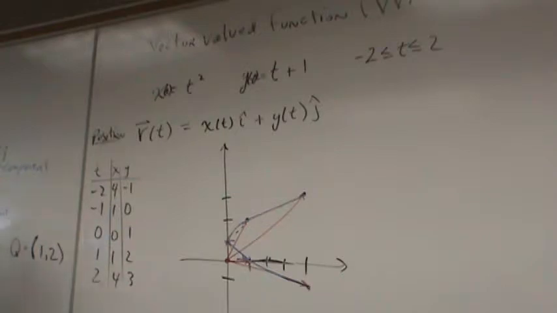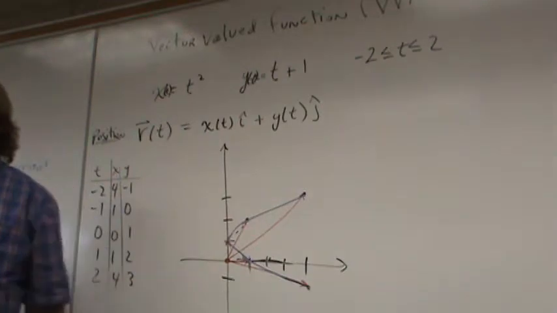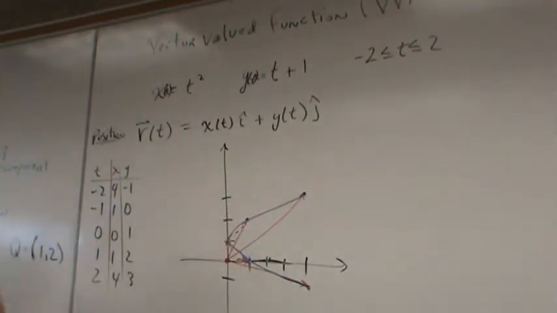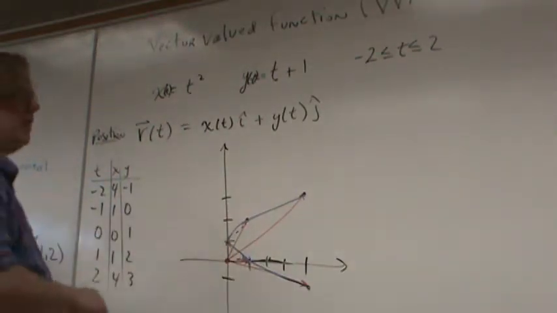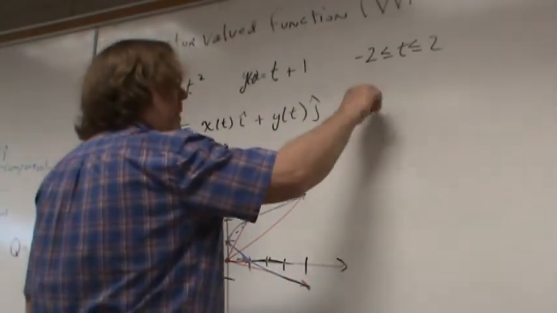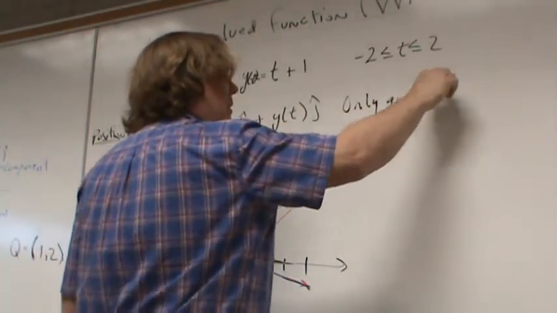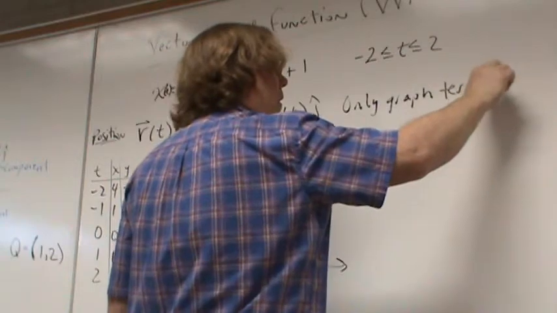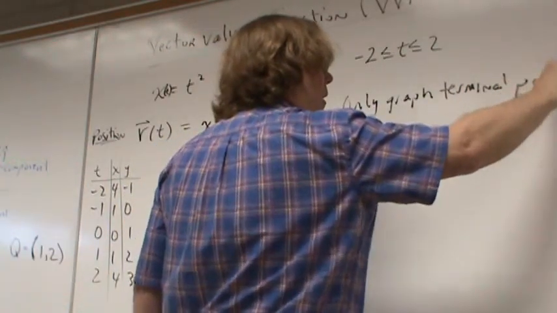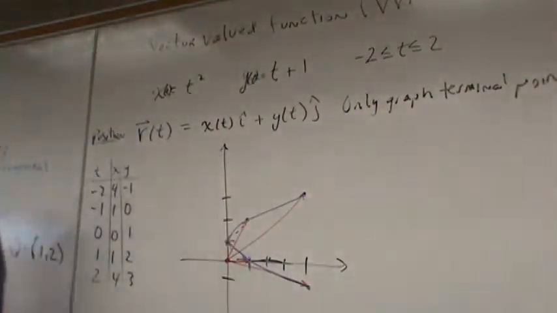I mean, you haven't changed what you do. You're supposed to just change the way you think about it. Where now it's not a collection of points like a parametric equation would give you. It's a collection of vectors. But you still only graph the terminal points of these vectors. Only graph the terminal points. So that's all you got to do on these, guys.